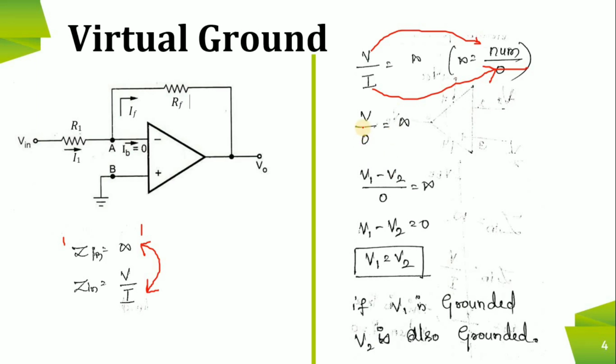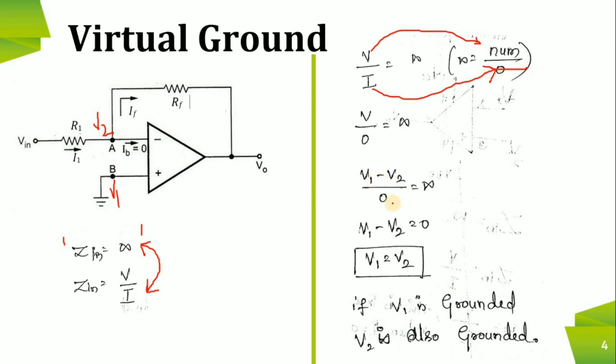In the next step, what is the value of V? V is applied voltage. So if this is V1 and this is V2, then V is equal to V1 minus V2. The applied voltage at B is V1 and applied voltage at A is V2.